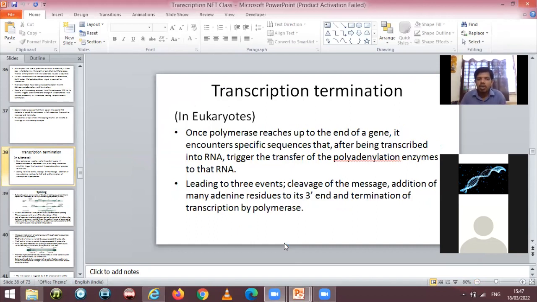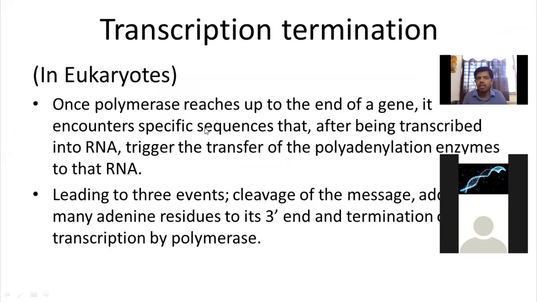See that once the RNA polymerase reaches the end region of the particular gene, it will encounter certain specific sequences that, after being transcribed into the RNA, will trigger the transfer of the polyadenylation factors or enzymes to the RNA.